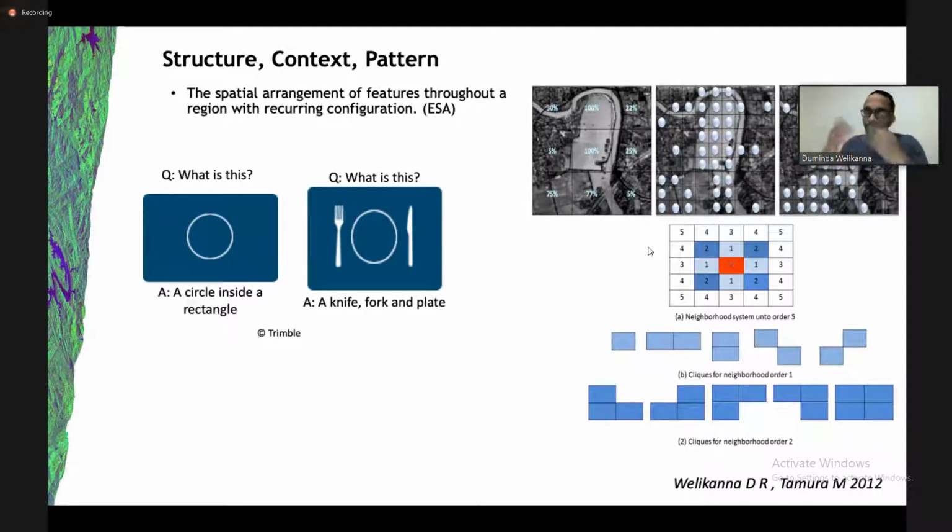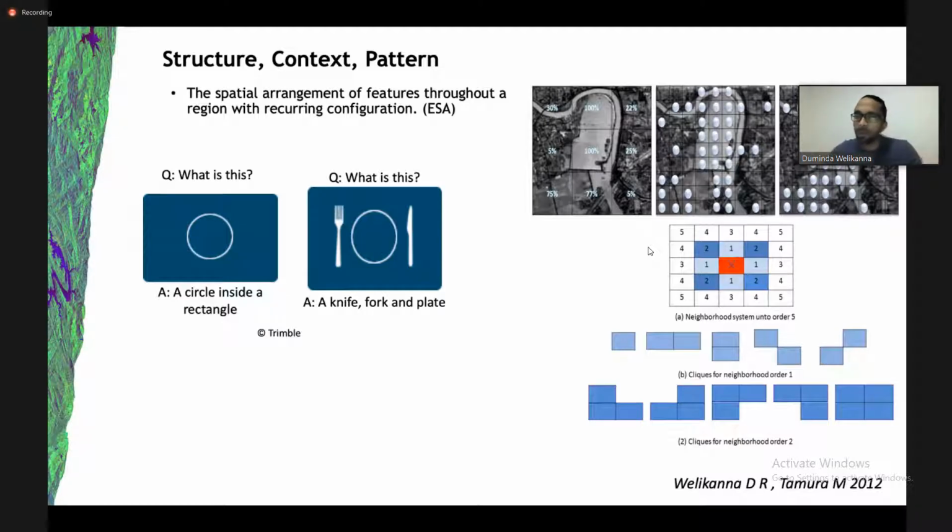So images show us context. We have to understand that concept, right? So if there is a circle inside the rectangle, it's like inside the Western province, you have the parliament. It's not the parliament outside the Western province. It's the context. We know that about Sri Lanka.